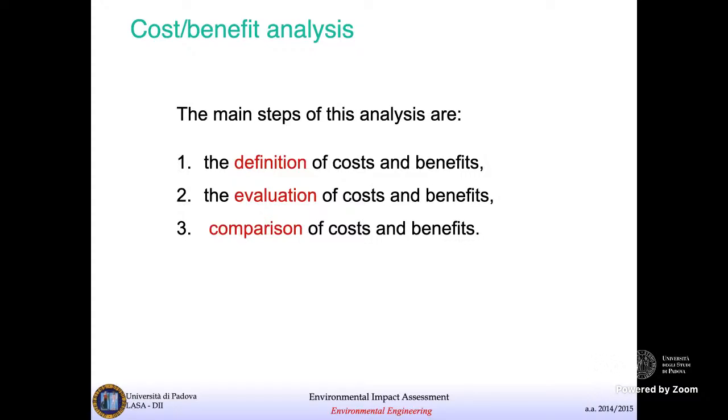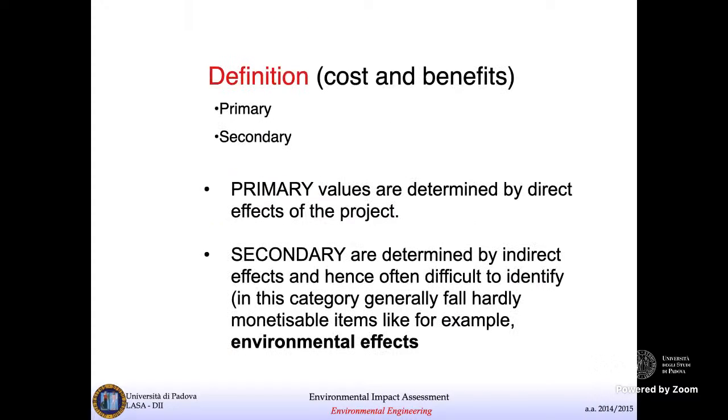The main steps for building a cost-benefit analysis are the following three. First one, the definition of costs and benefits. Second one, the evaluation of costs and benefits. And the last one is the comparison of costs and benefits. In the definition of costs and benefits, we may identify primary costs and benefits as well as secondary costs and benefits.